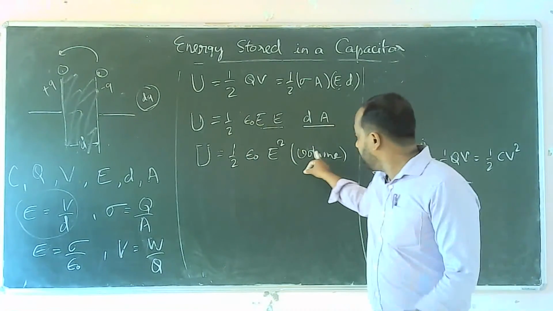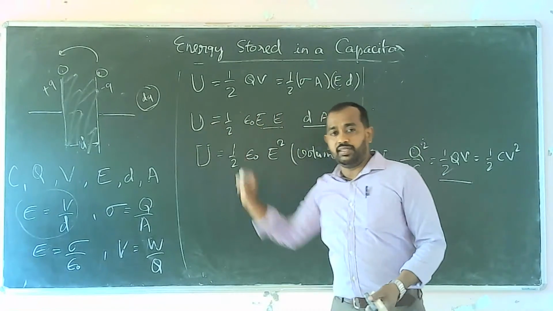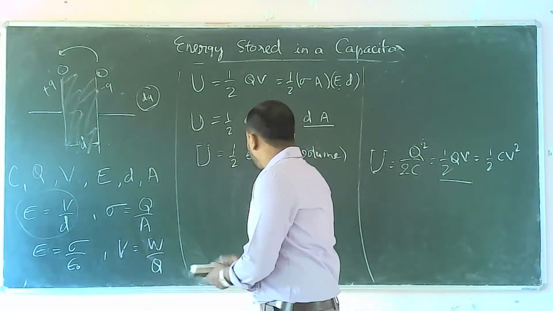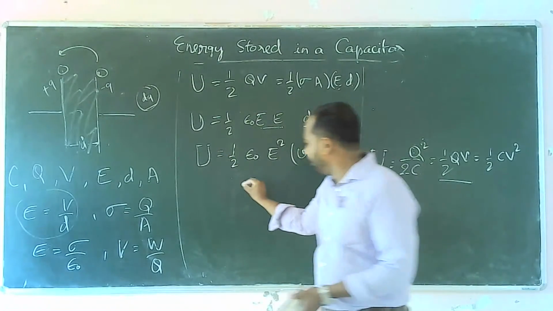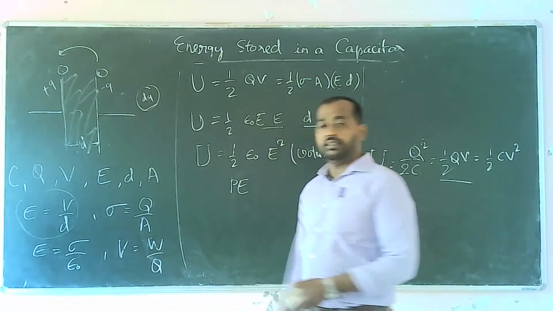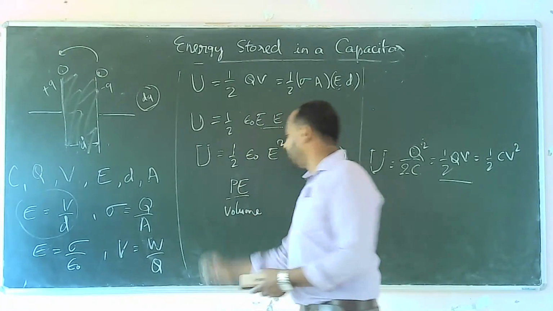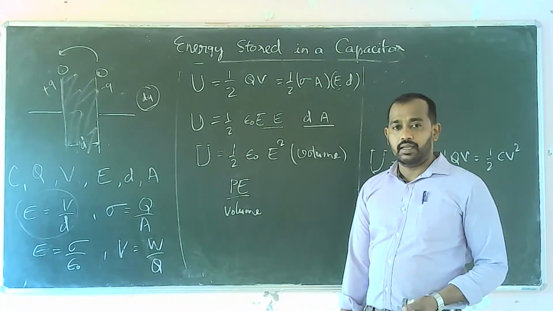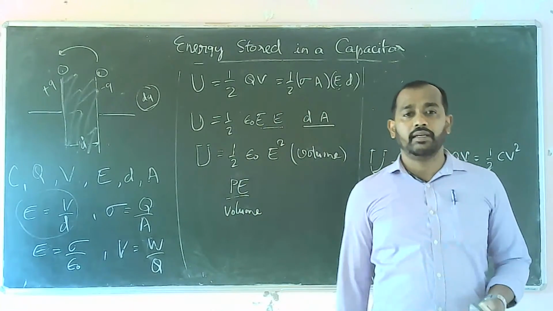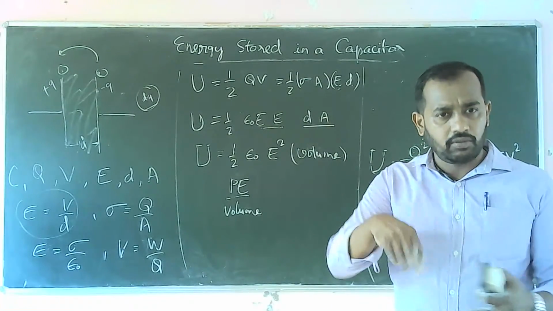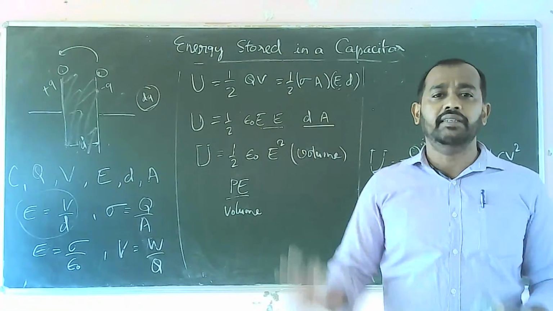I am going to take the volume on the other side of the equation. It will be equal to potential energy U divided by volume. What does it mean? Charge by area or charge by volume, mass by volume. What does it mean? It means density.